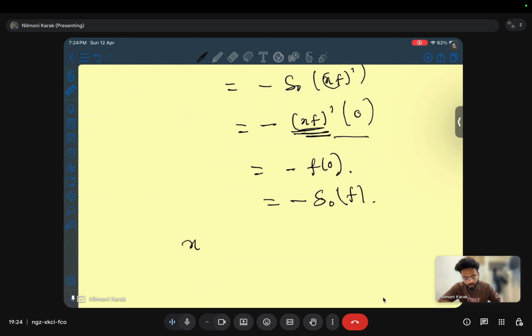So x delta naught dash equals minus delta naught.